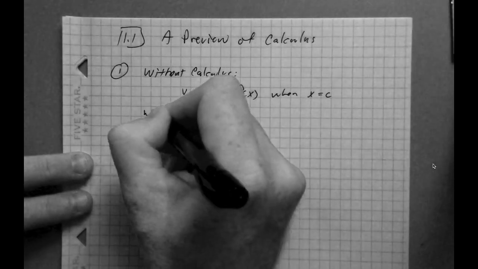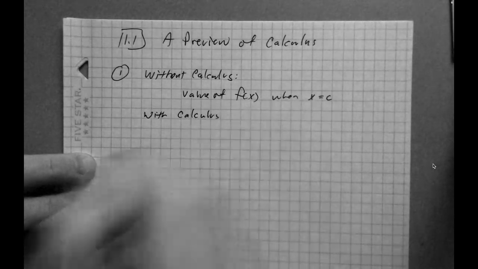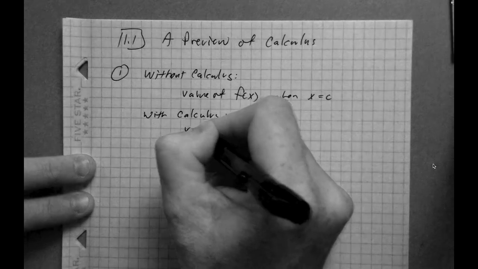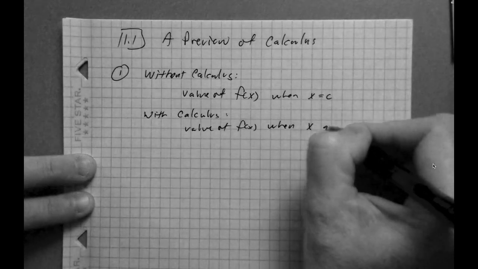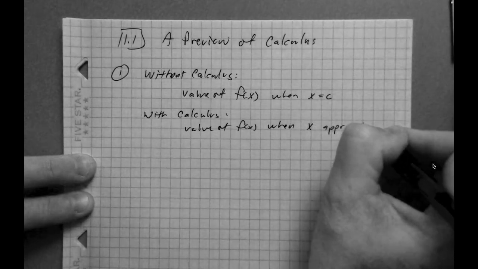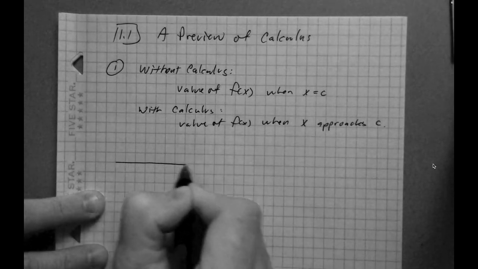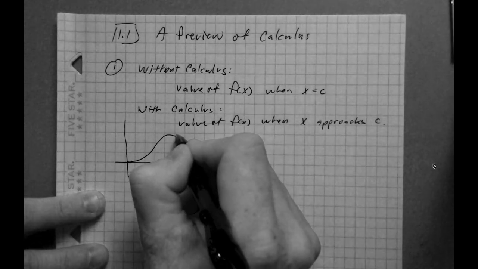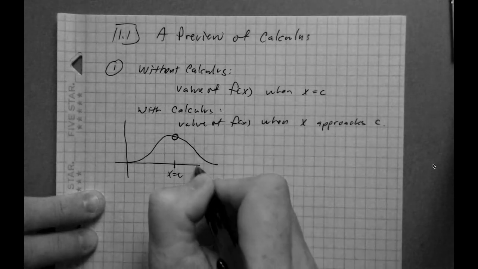Now with calculus, we're going to get into this new idea tomorrow, next video actually, and we'll be able to talk about the value of f of x when x approaches c. Right. So this is going to be the idea of a limit. Visualize it like this: say I've got an xy coordinate system and I've got some arbitrary curve here, and let's say that the function is undefined at a particular value here, x equals c.